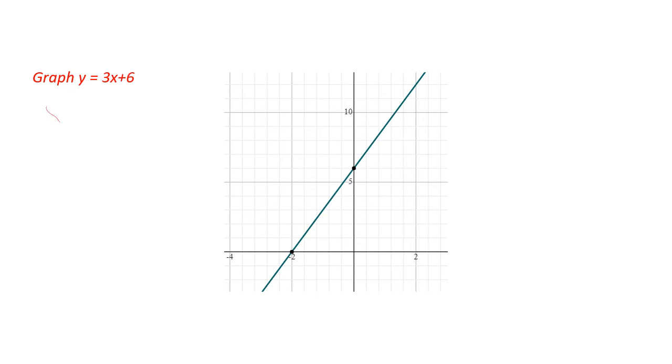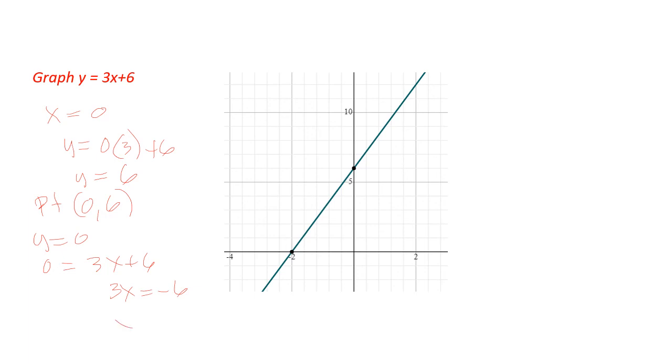Let x equal 0. Then y equals 3 times 0 plus 6, so y equals 6. When y equals 0, 0 equals 3x plus 6, so 3x equals minus 6, x equals minus 2.